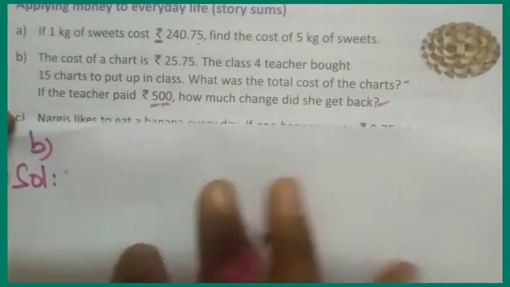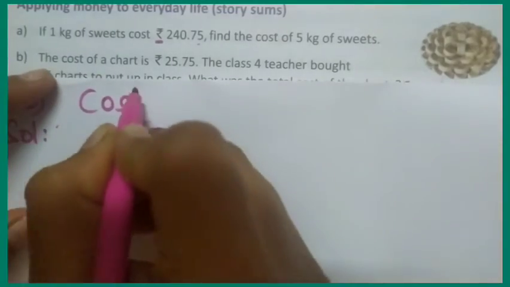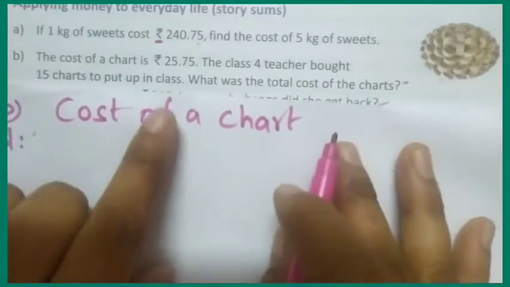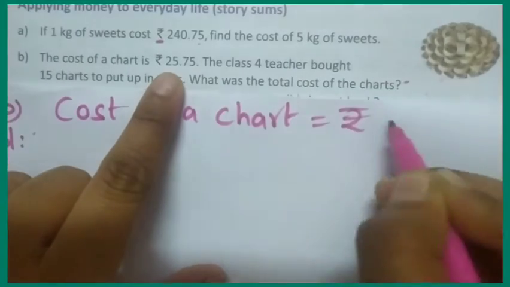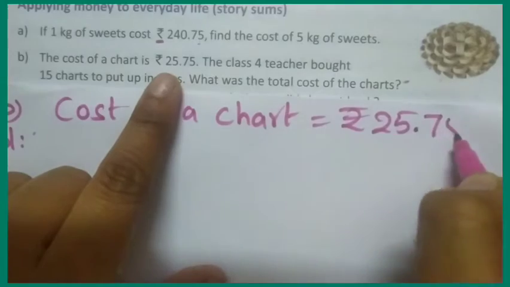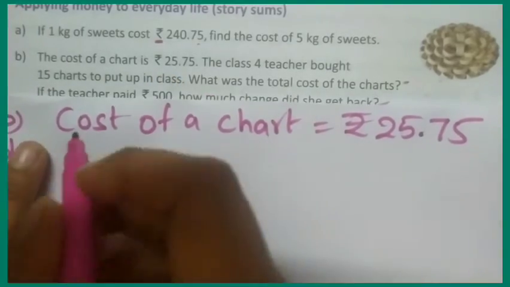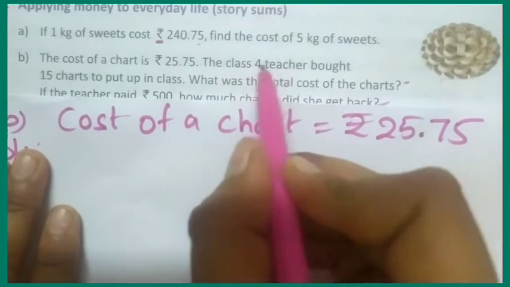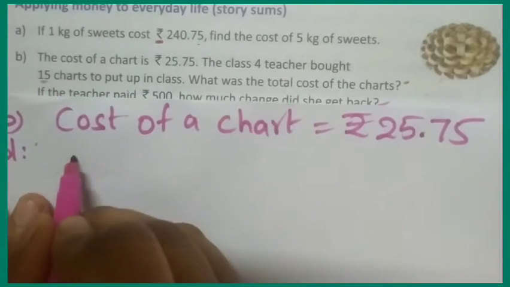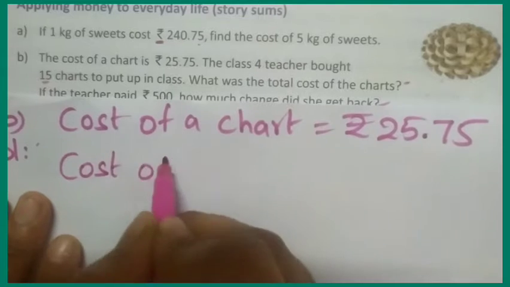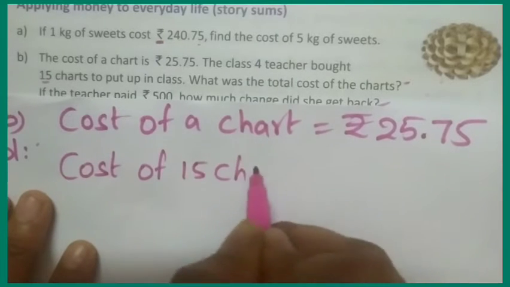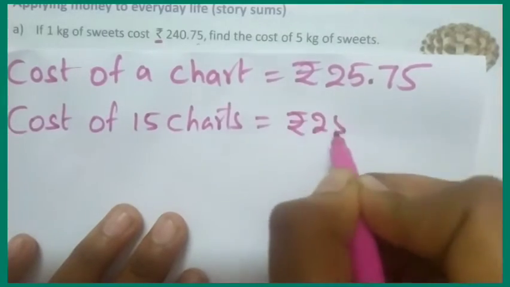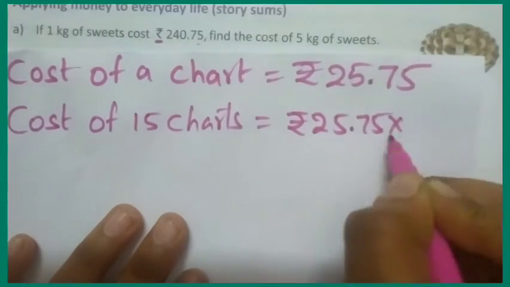First, B solution, cost of a chart. How much? 25 rupees 75 paise. Okay. Now, how many charts did she buy? Class teacher, 15. So, cost of 15 charts, simply we'll multiply this amount with 15.